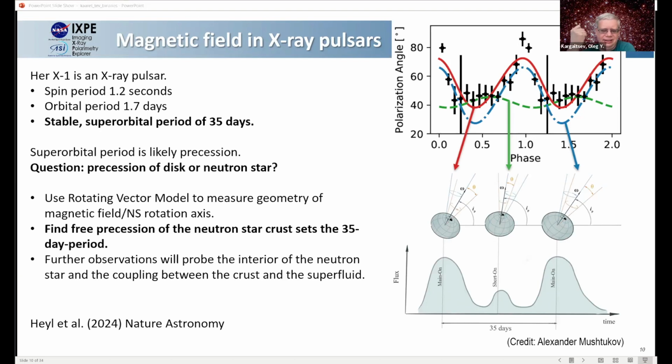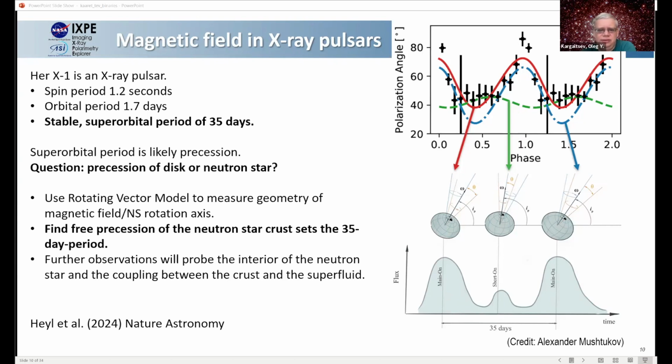One can estimate the period of free precession if this pattern is due to free precession, and it is around 100 days, so in that same range as here. It's very interesting to see an independent support for free precession. There are also, in the radio timing, some long-term periodic residuals in that same range.